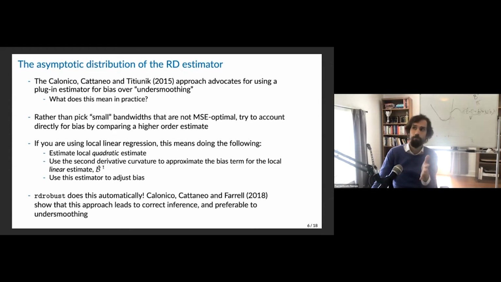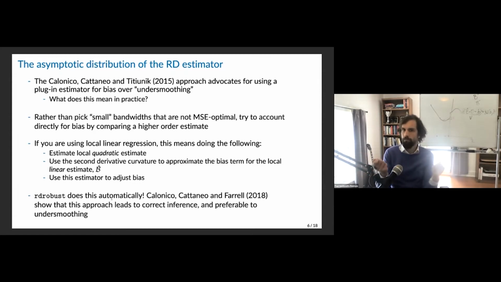But rather than picking a smaller bandwidth, they say what you should do is the MSE optimal bandwidth, as we talked about, and then directly account for the bias. So adjust for the bias in your estimate. The way you do that, going back to our picture, is you can do local linear regression, and also do local quadratic regression.